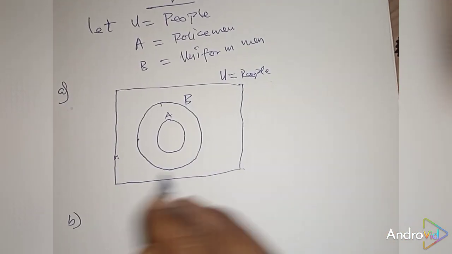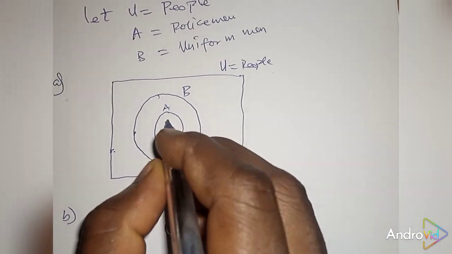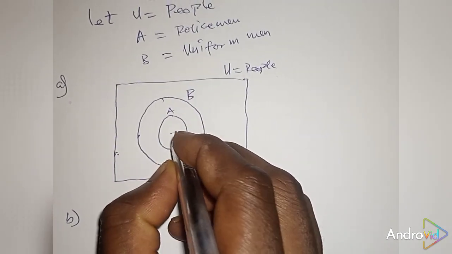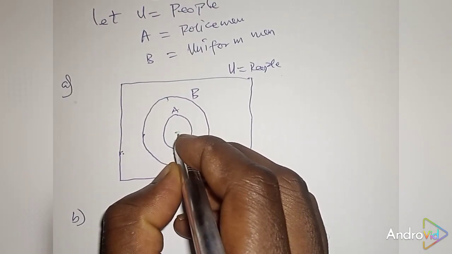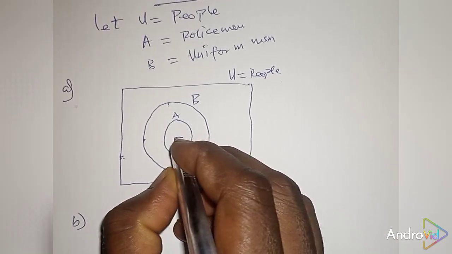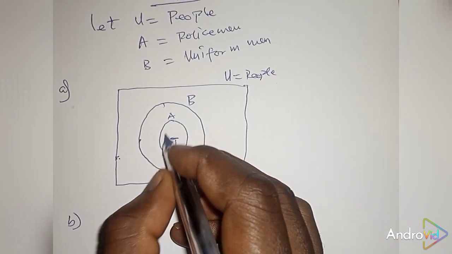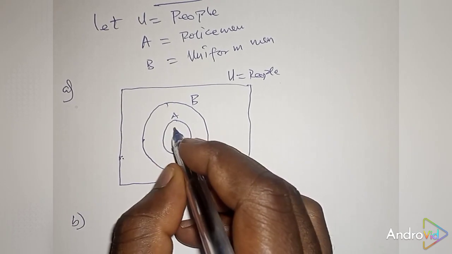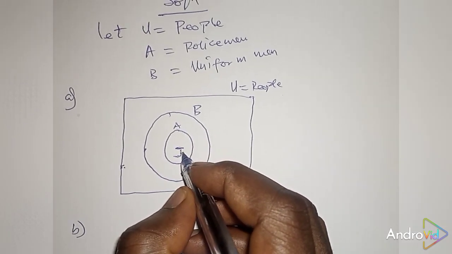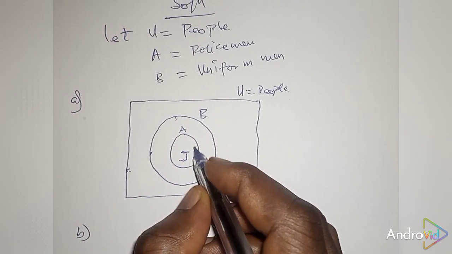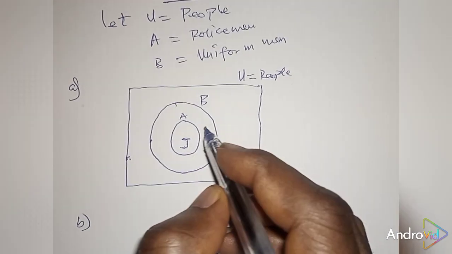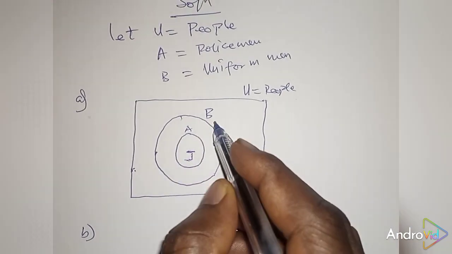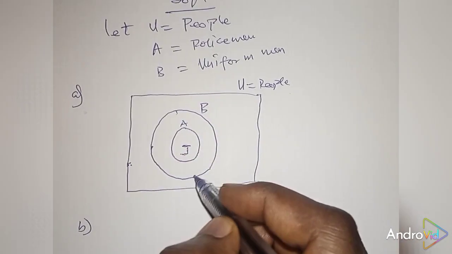So if John is a policeman, then it means John will be inside the set A, right? The set A represents the set of policemen. Okay, so if John is inside set A, then automatically he is also inside set B, which is uniform men.